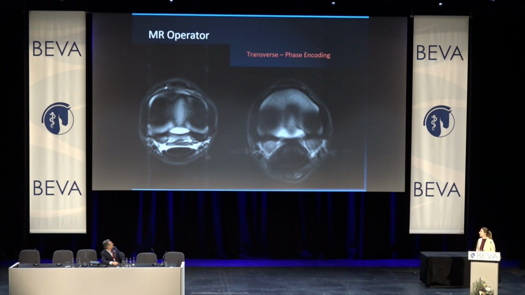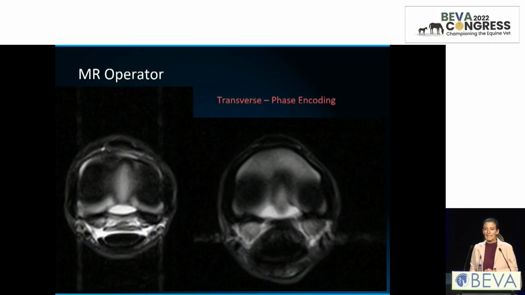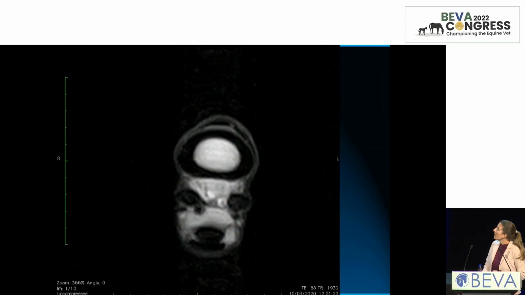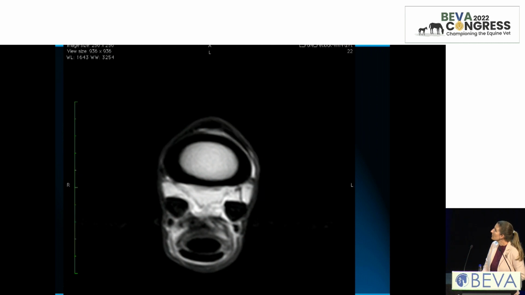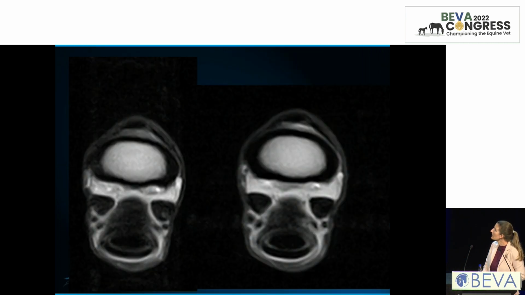If you're interested in oblique distal median ligaments, you might have to play around and see what gives you the best and freest of artifact image. I will skip those and just come directly to the comparison. This is just an example of suspensory branch and phase encoding.